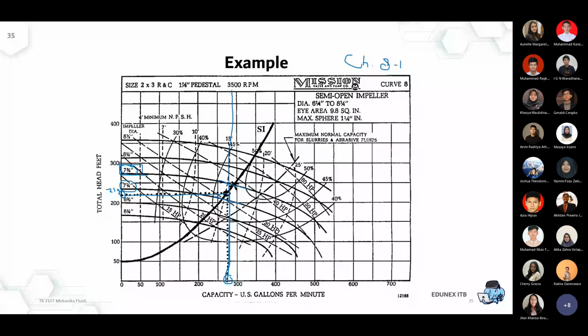So that will be able to answer this first question: what diameter impeller should be used with this pump?